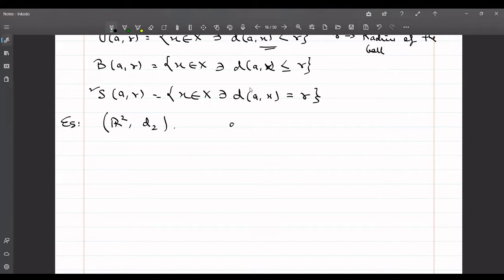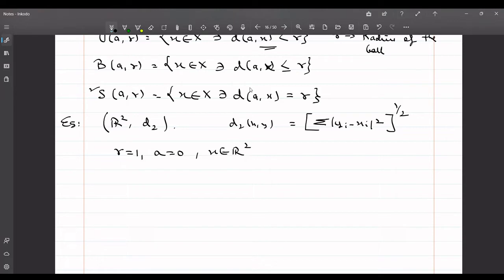You remember d2, right? d2 of x, y equals the square root of the summation of mod of yi minus xi, whole squared. Now let us say you take r as 1 and a as 0, and you take an element from R2 such that x is written as (x1, x2).